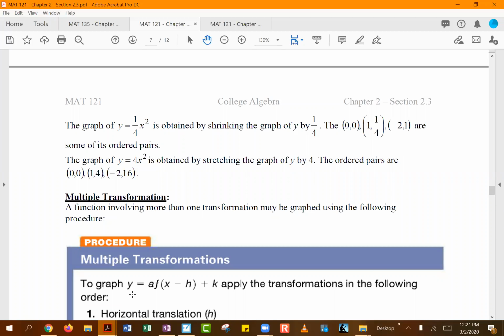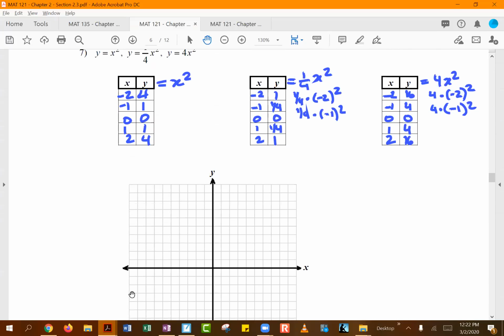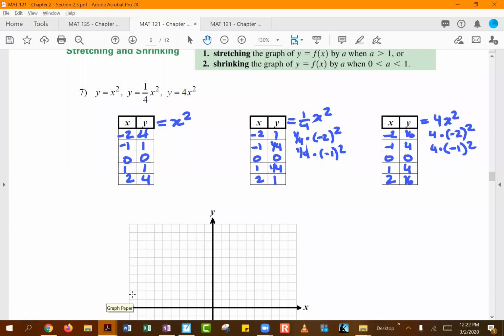So here they're actually just talking about how your ordered pairs would change comparing from the base function to the shrunken function. And you can actually look at these values on those tables that we did for each of the 3 functions. So if you go back to that table that we just worked on, this is kind of what they're talking about. Originally, that ordered pair was -1, 1.